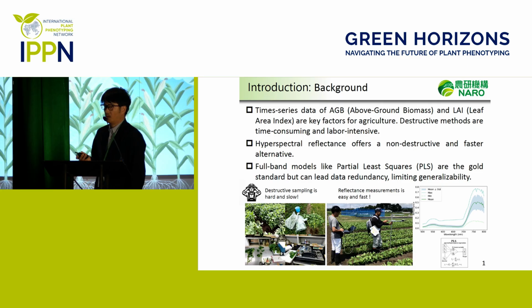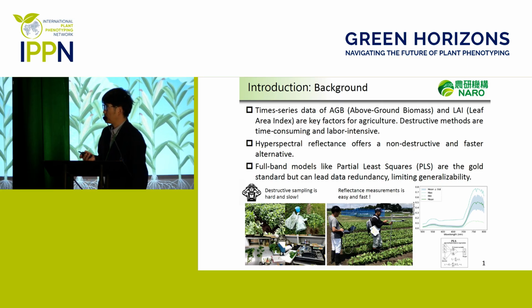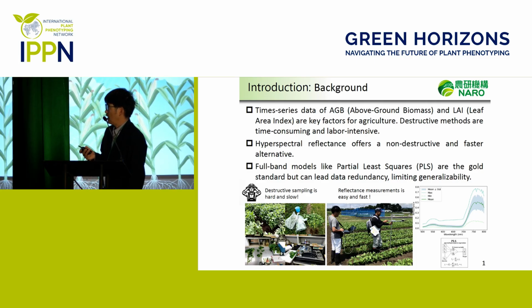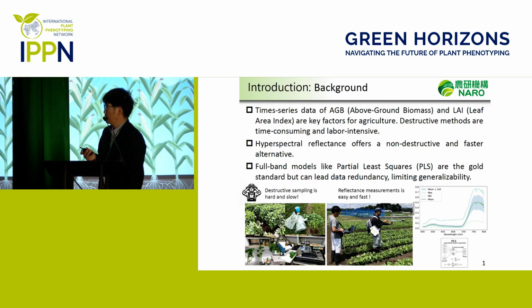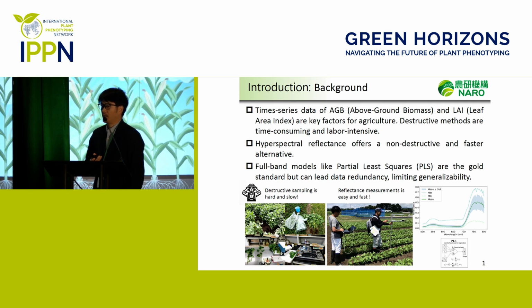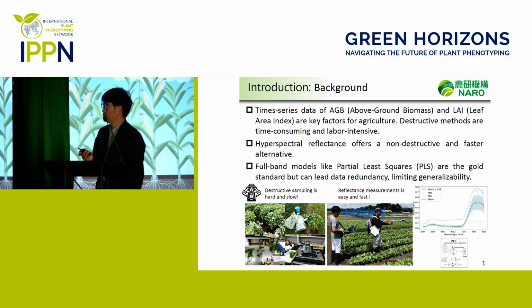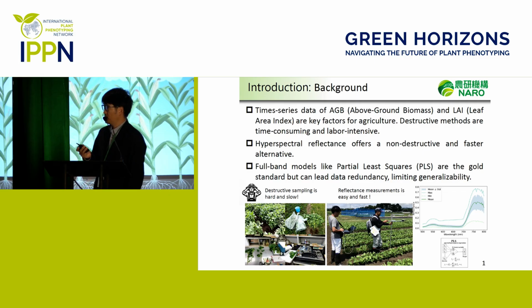To address this, we use hyperspectral reflectance as a non-destructive and faster alternative. Full spectral band models like partial least squares regression are widely used as a gold standard, but can lead to data redundancy. So we try to apply band selection techniques to streamline the process and improve the prediction accuracy.